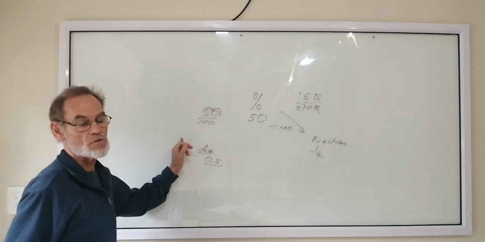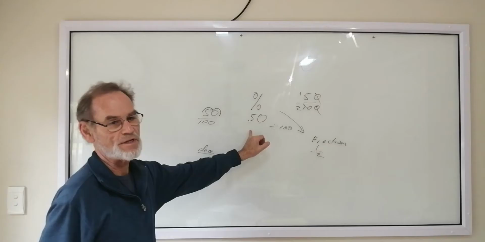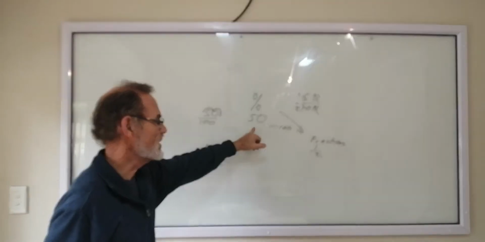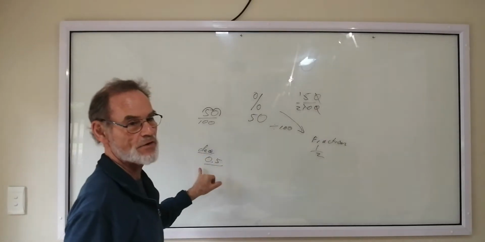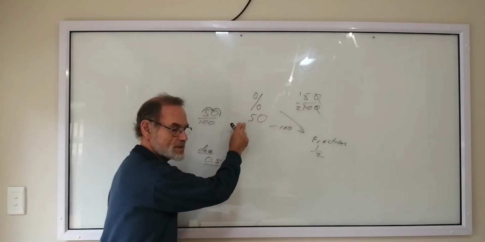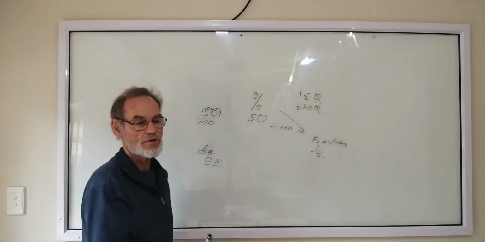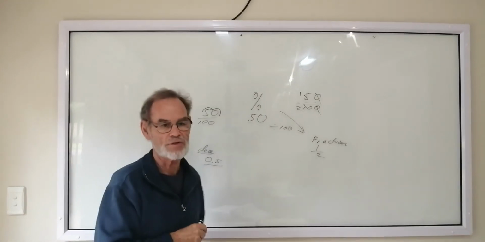So don't learn this off by heart, but learn this with 50%. 50% is a half. 50% is 0,5. 0,5 is 50%. A half is 50%. If you know that, you can check all your other fractions and decimals against that. Make sure that you're right.